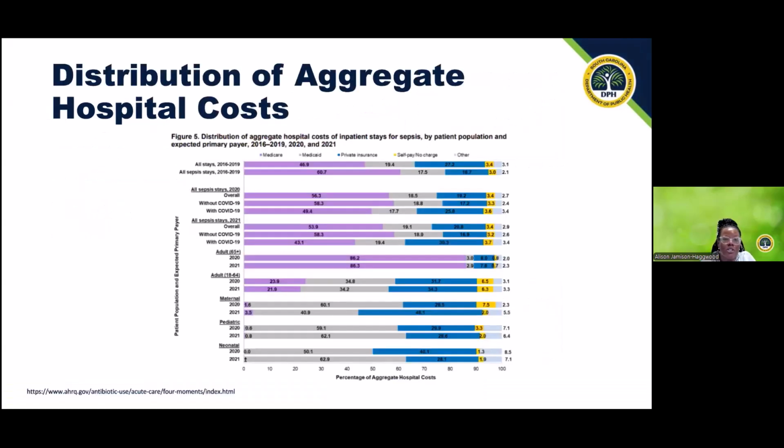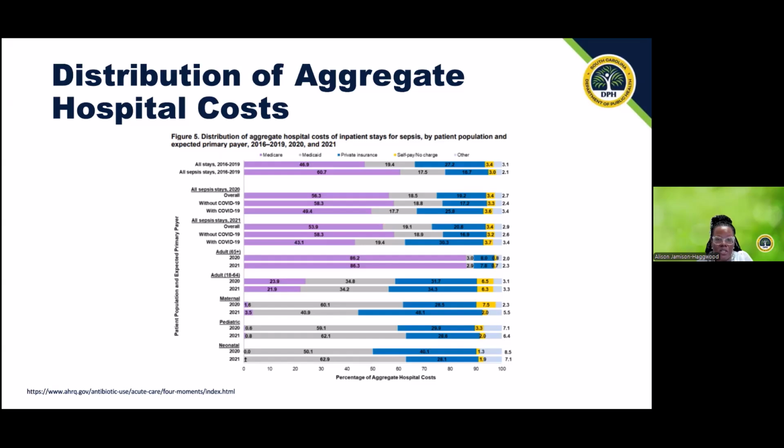So this looks at the distribution of aggregate hospital cost. As we can see here, again, the percentage of sepsis stays resulting in transfers to skilled nursing and intermediate care or another facility actually decreased from an average of 32.6% in 2016 to 2019 to 27.7% in 2020 and 26.7% in 2021.